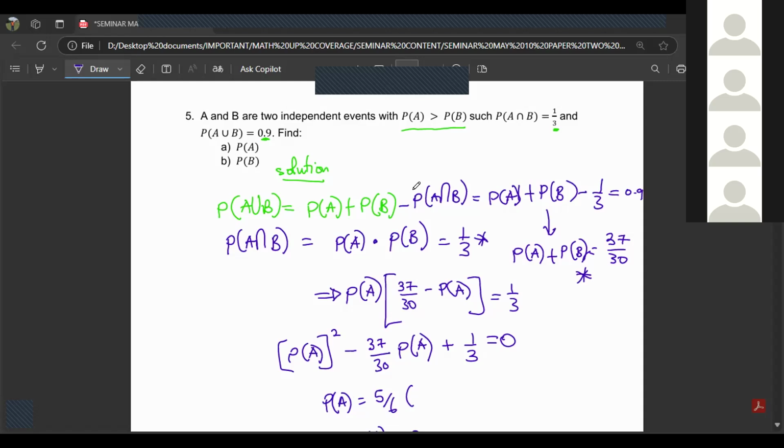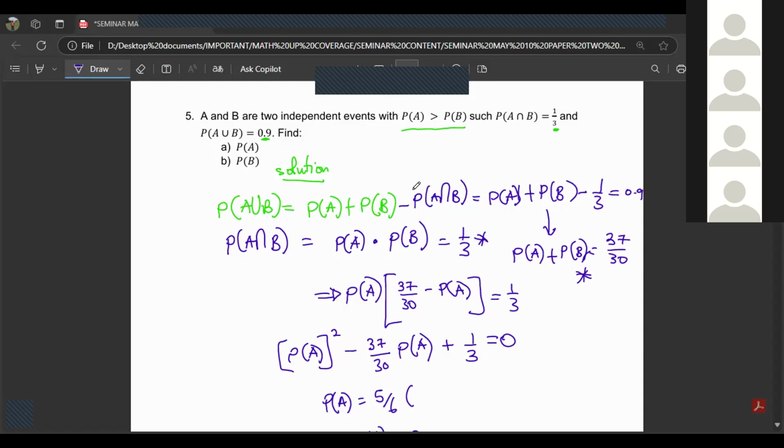Like raining and the seminar happening. Those probabilities don't affect each other. In other words, they're independent. And so their intersection is actually the product of their probabilities. That's the thing about independent events.